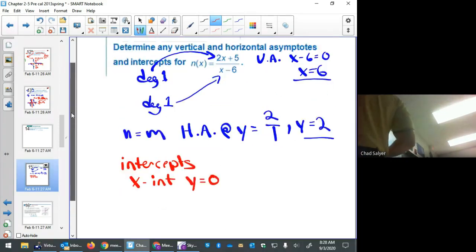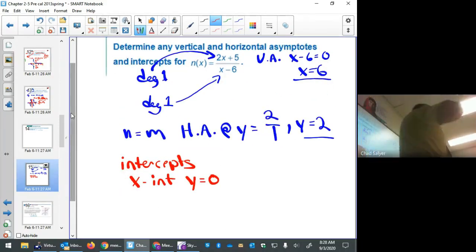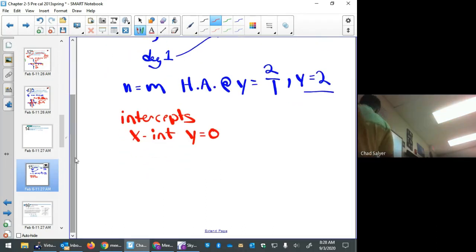And do you see if I have a fraction, some a over some b? In order for that fraction to be 0, the numerator has to be 0. You guys see that? So that's the only way a fraction can be 0 is if its numerator is 0. So we will set the numerator equal to 0 to find our x-intercept.